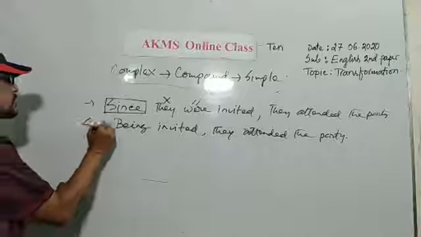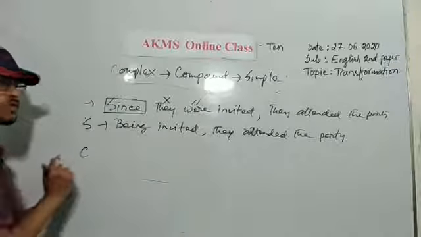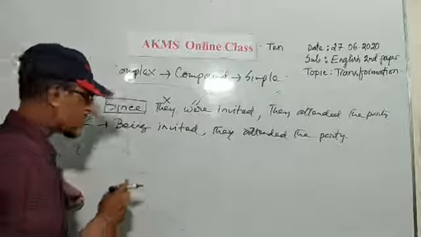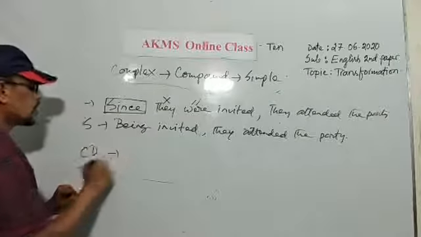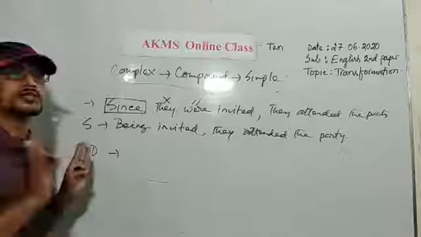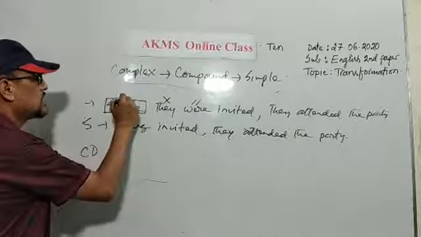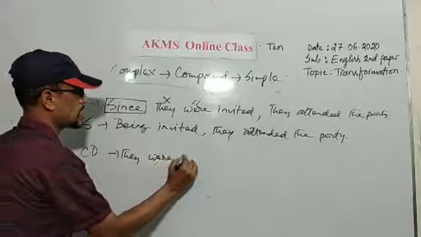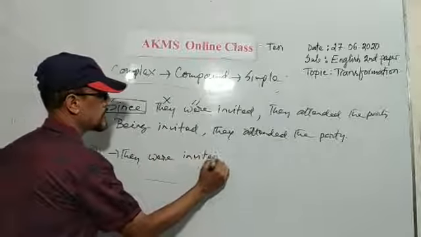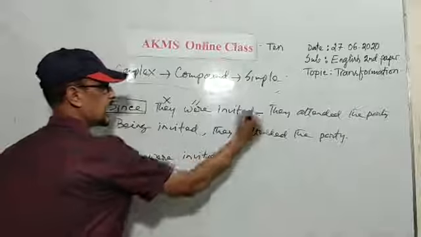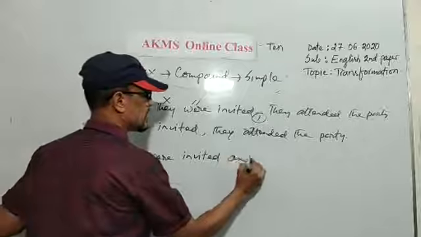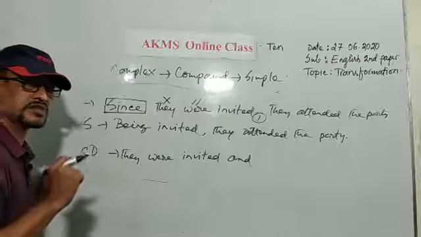It is a simple sentence. And if I want to transform this complex sentence into compound, what can I do? I will use the subordinate clause first. I will erase since. They were invited. I will erase the punctuation mark and will use and if the subjects are the same.